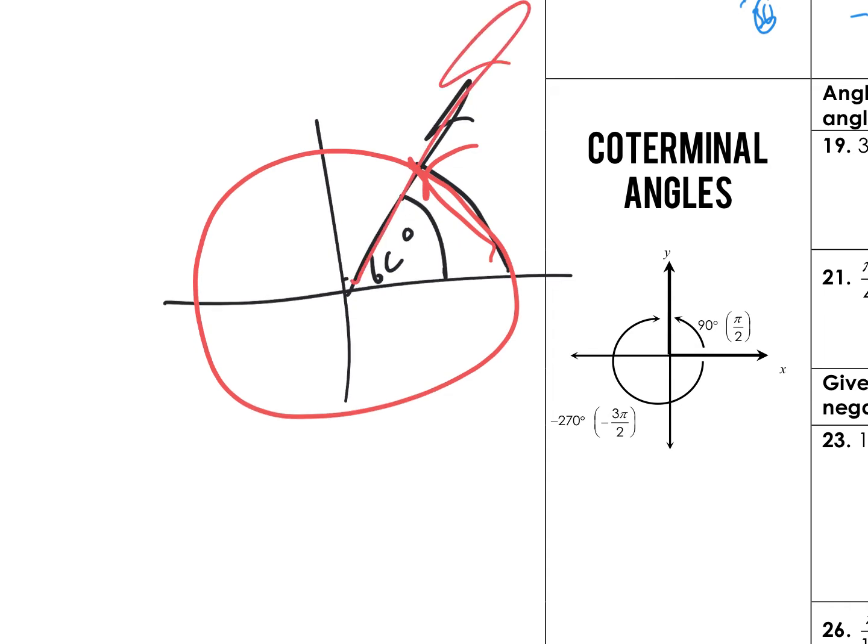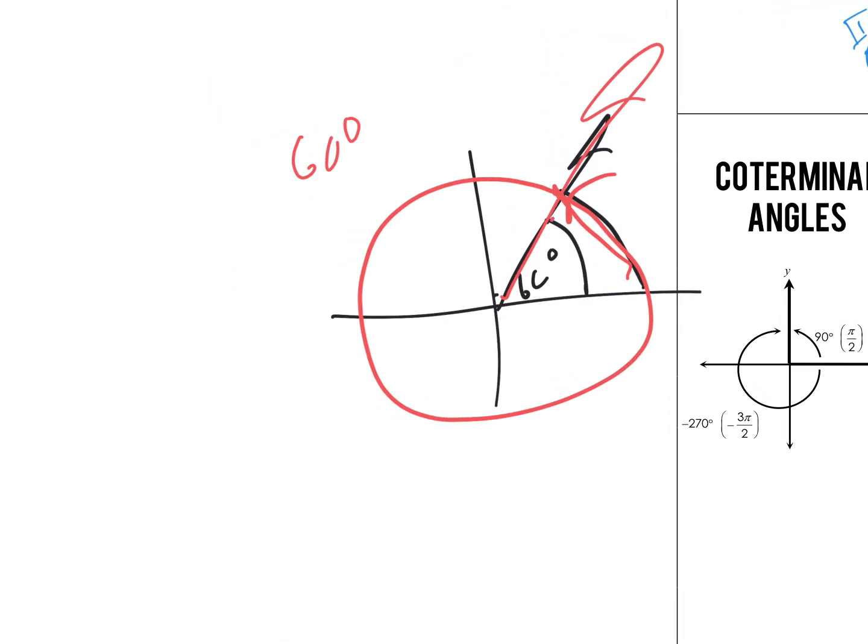I started out with 60, but then I added 360 to it. 60, how much is it? 420. That would be coterminal.